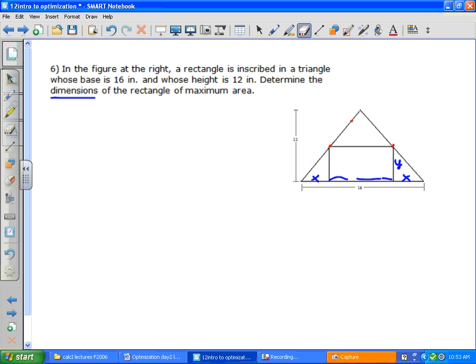I'm going to write it outside. That is 16 minus 2x. So we're saying that the dimensions of the rectangle are 16 minus 2x by y.